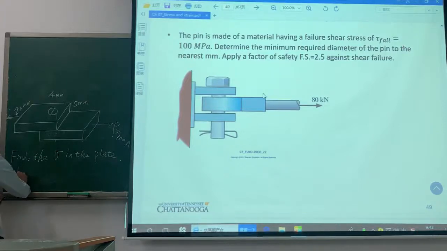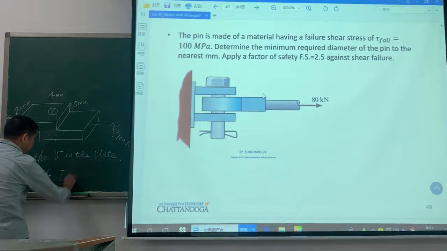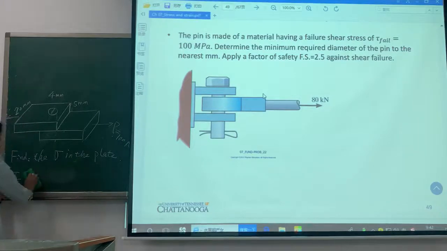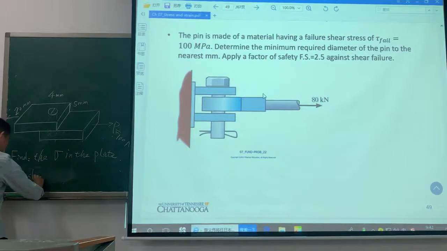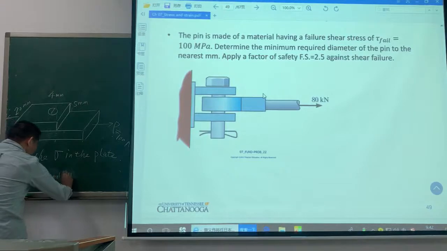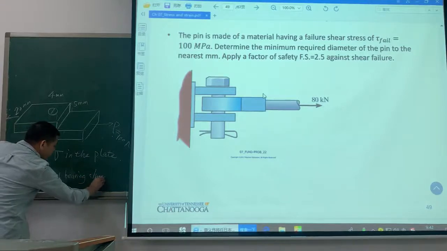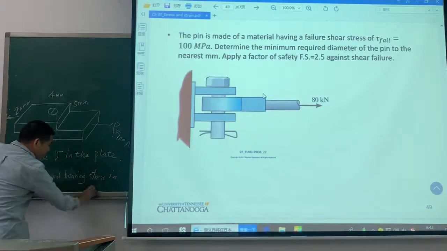The shear stress is important. Bearing stress is important.